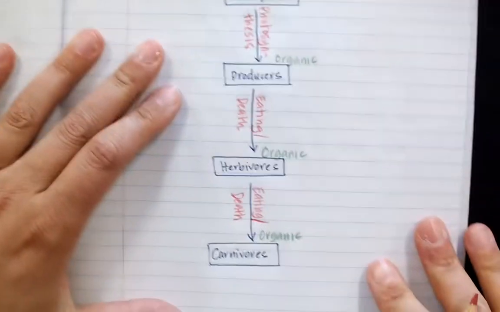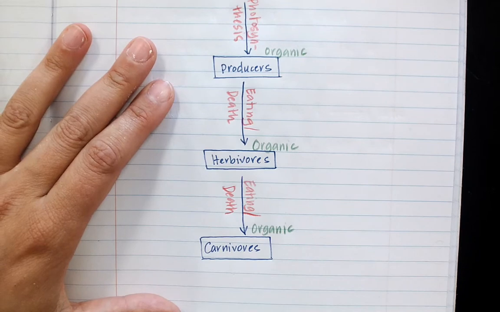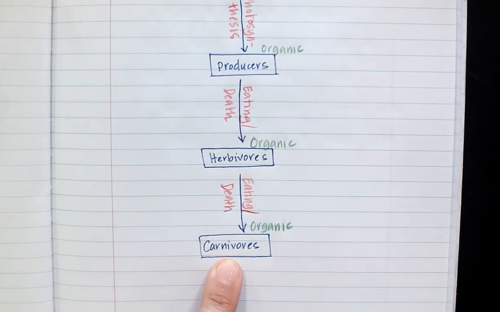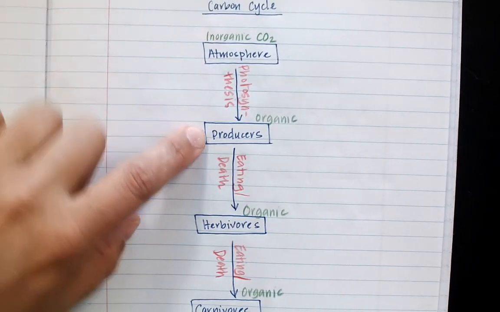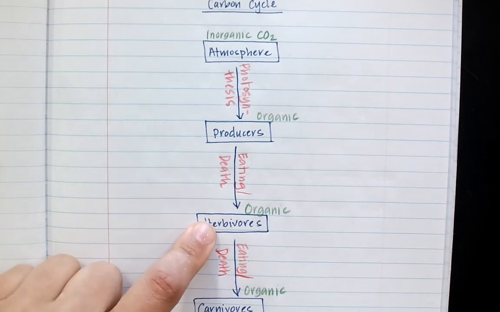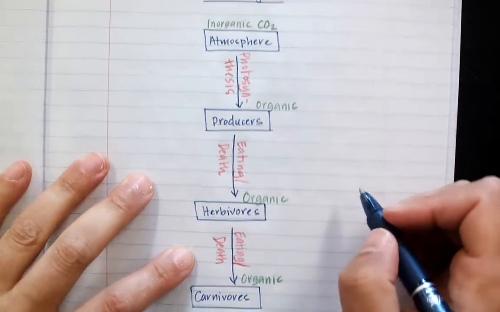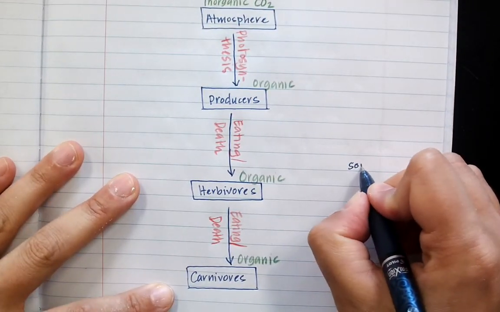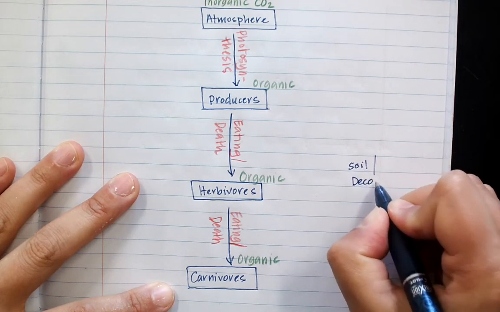And I'm going to stop there because I think you get the idea. But this is not where our carbon ends. It doesn't hit a dead end in carnivores, and not all of the carbon that goes into the producers ends up being moved to the herbivores. So producers can also die, and if they die, that carbon gets moved into the soil, which is where the decomposers are.